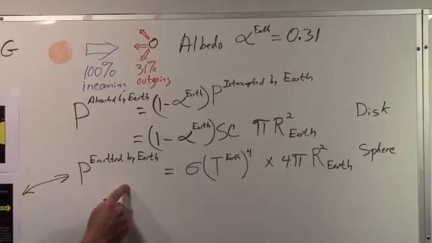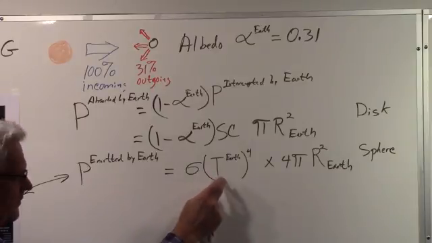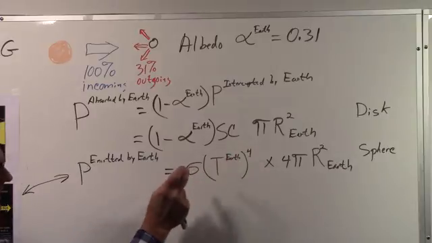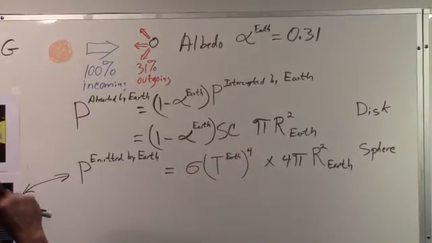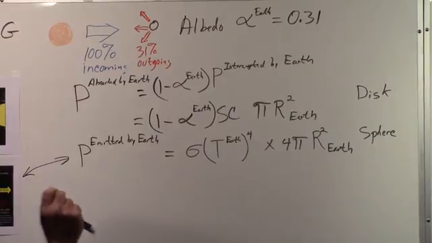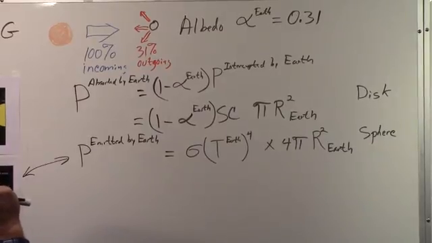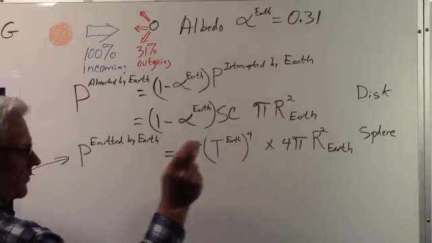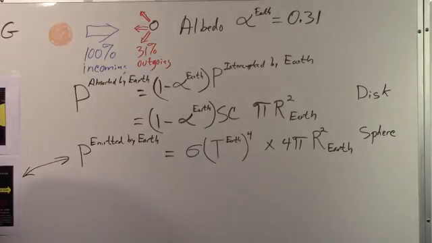The power emitted by the Earth is going to be the temperature of the Earth to the fourth power times sigma. That will tell us how many watts every square meter is being emitted by the Earth, and then we multiply by the area so that we have power.